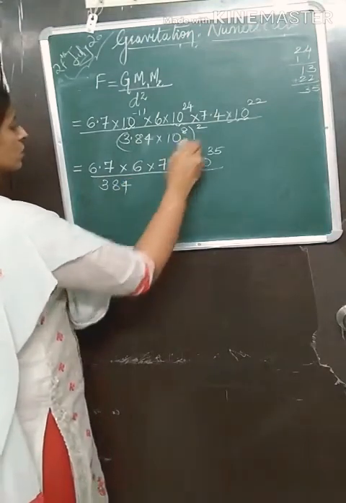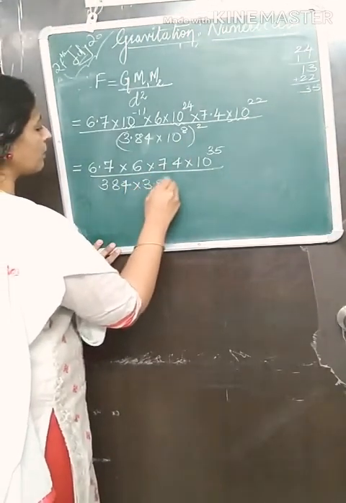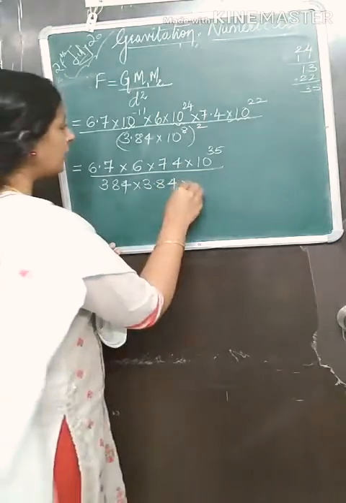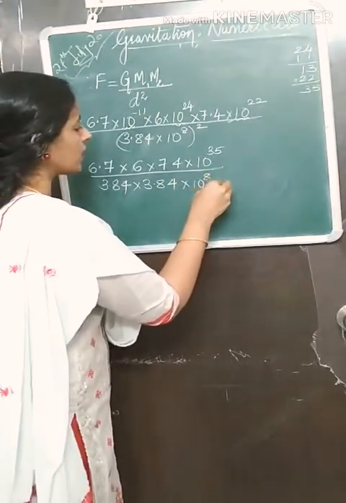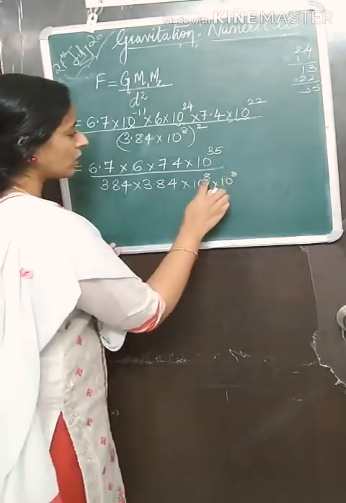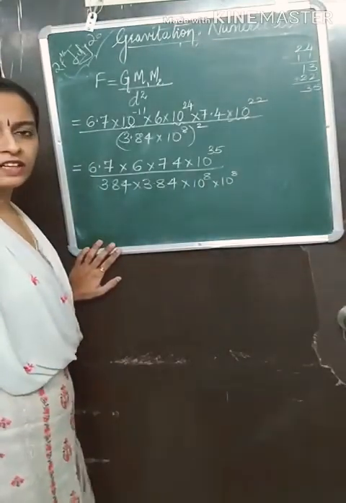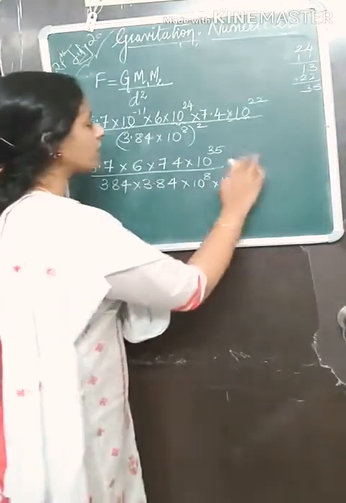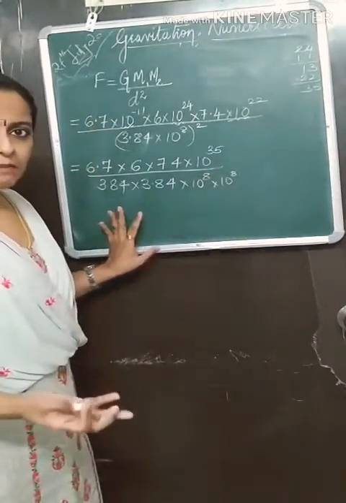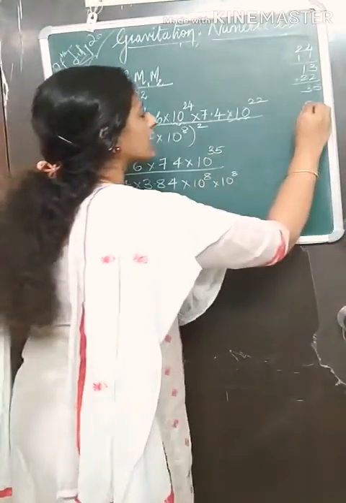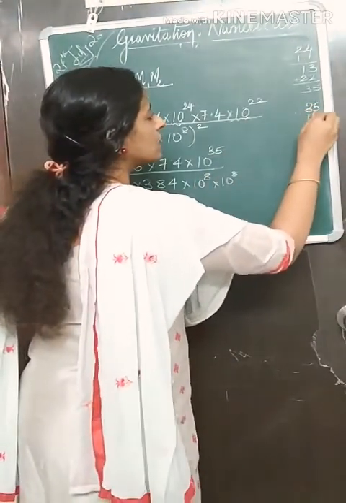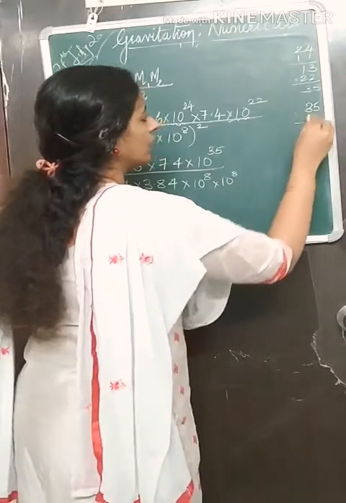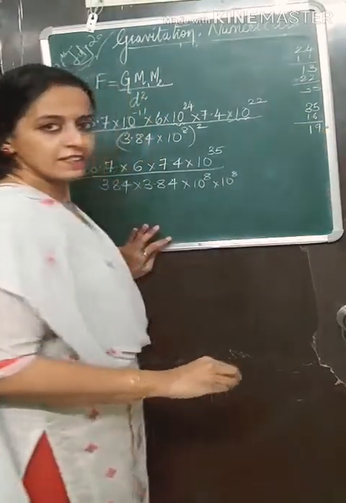3.84, the whole square means again multiply by 3.84 two times, into 10 raised to 8, 10 raised to 8. So 10 raised to 8 and 10 raised to 8 will give you 10 raised to 16. 16 when it goes up, it will become minus. So 35 minus 16, you get 19.